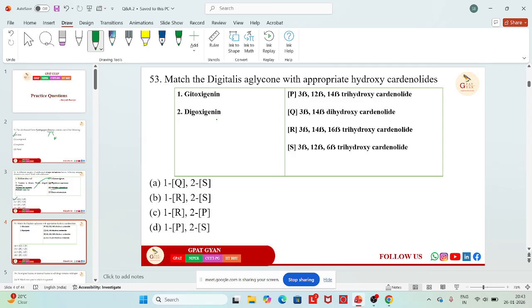First, write in one column digitoxygenin. First is digitoxygenin, then is gitoxygenin. Please note it down.